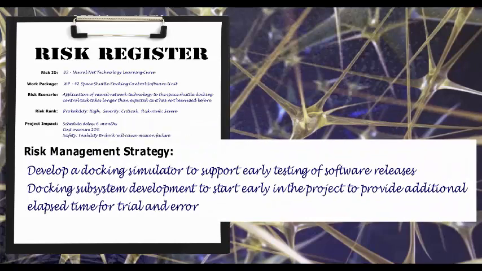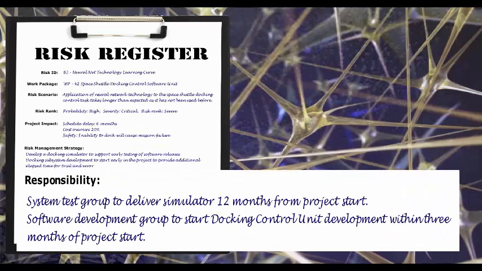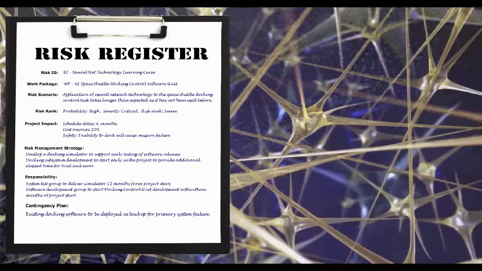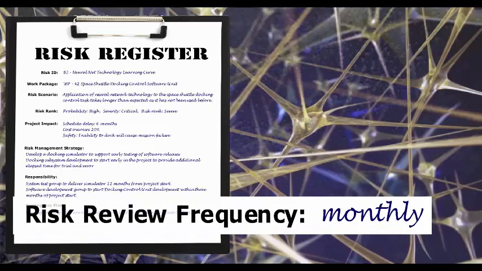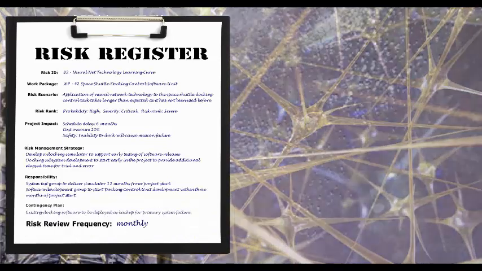We'll describe our risk management strategy, we'll nominate responsibility for managing the risk, describing who will do what and by when. If we've accepted a risk, we'll describe our contingency plan should the risk scenario be realised. Lastly, we'll nominate how often the risks should be reviewed in the course of the project.